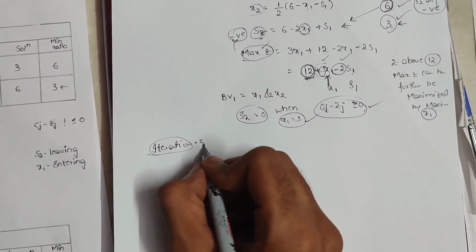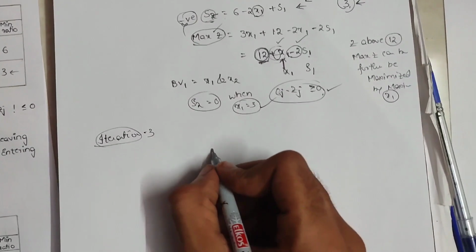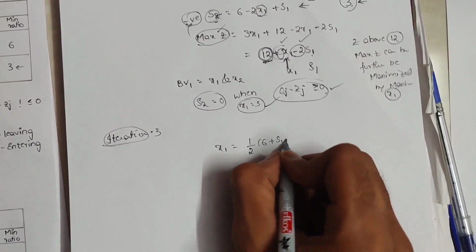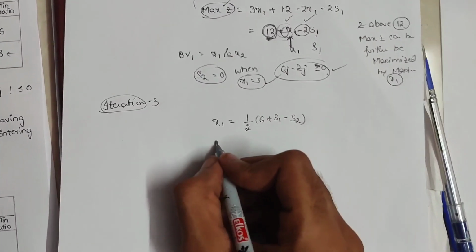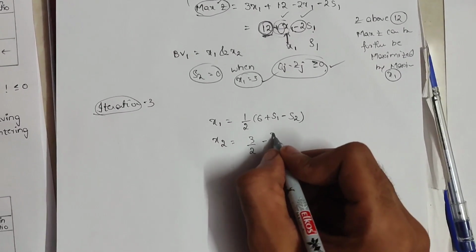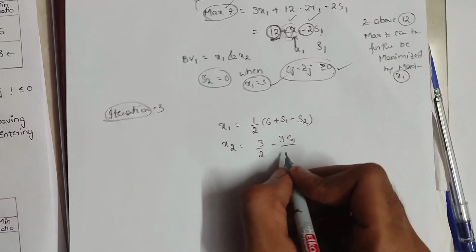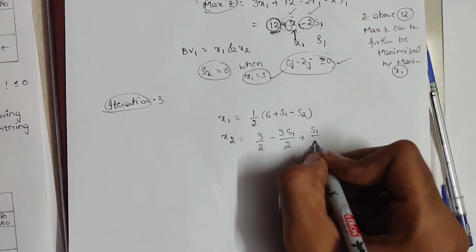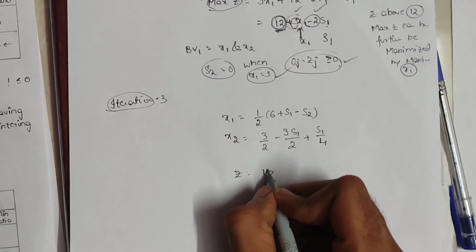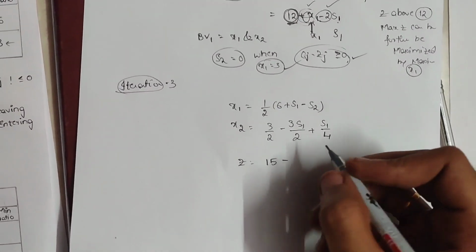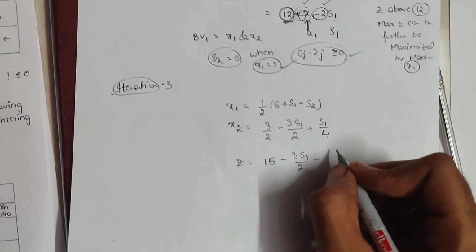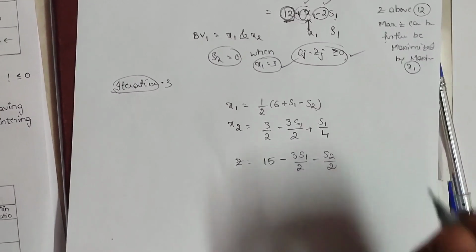So iteration 3 for this will be x1 equals 1 by 2 into 6 plus s1 minus s2, and x2 equals 3 by 2 minus 3s1 by 2 plus s1 by 4, and maximum z will be 15 minus 3s1 by 2 minus s2 by 2.